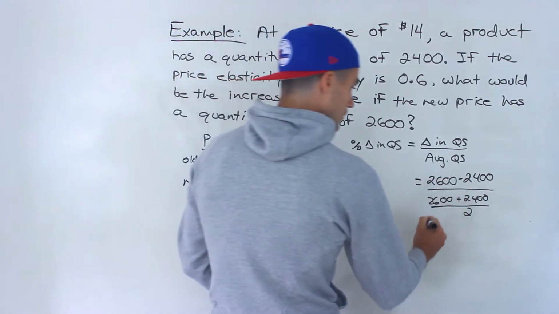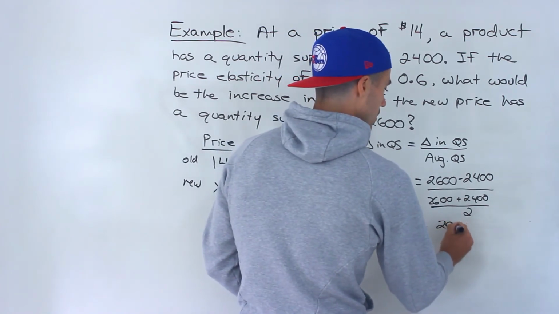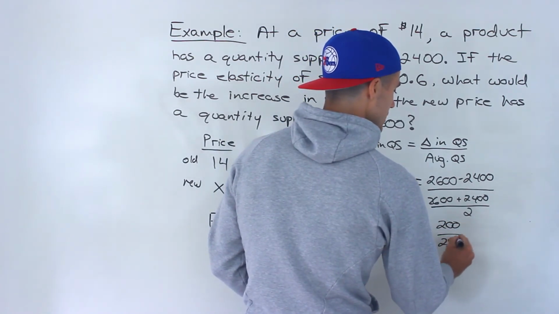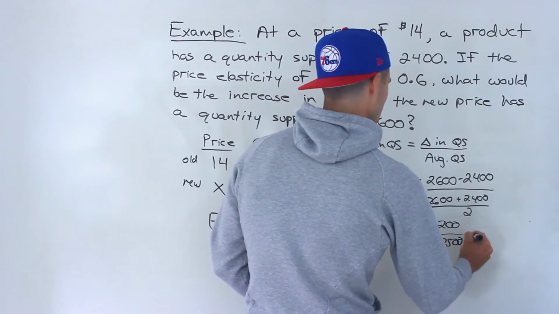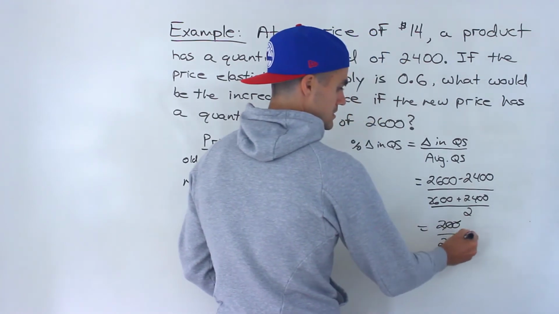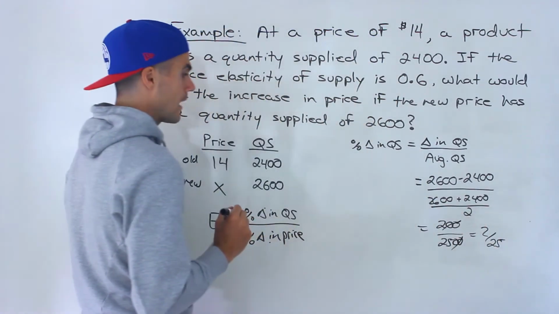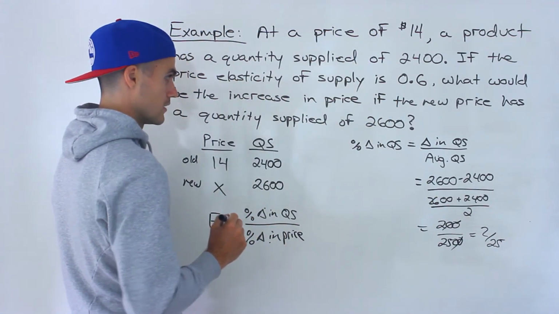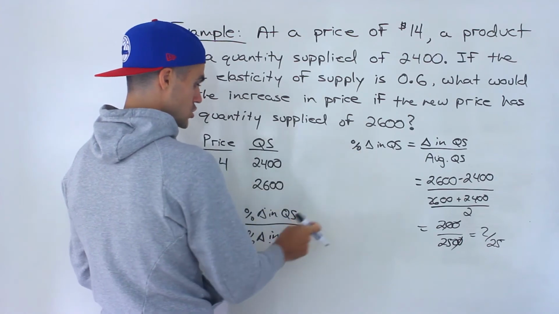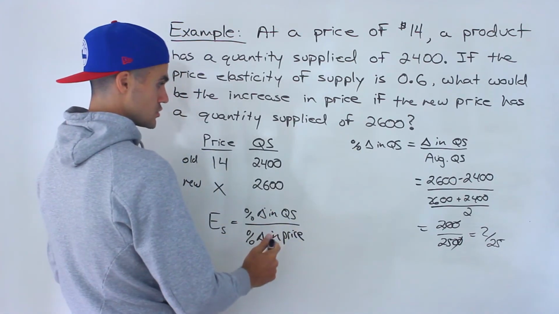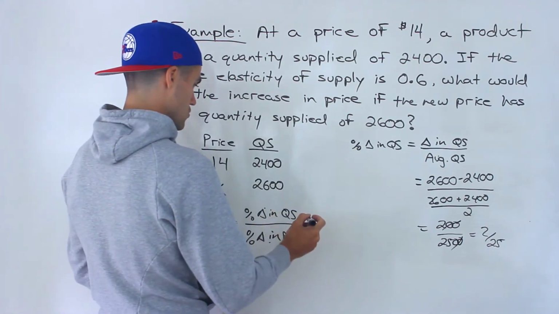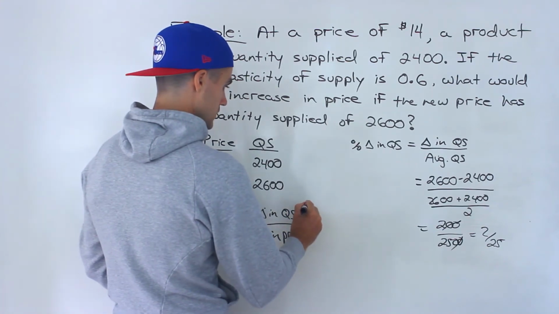And so what we would end up with is 200 over 2,500, which, if you simplify this, these zeros cancel out, is 2 over 25. And I'm actually going to keep that as a fraction, right? So that percentage change in quantity supplied is 2 over 25. So I'll just write it here in brackets for now.